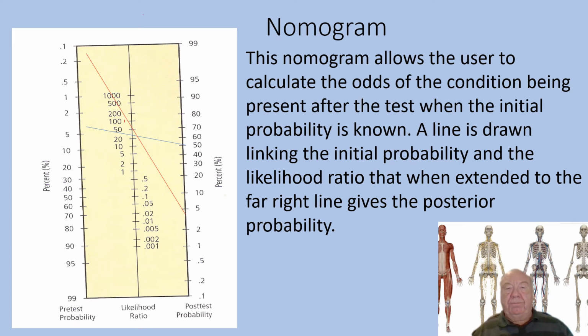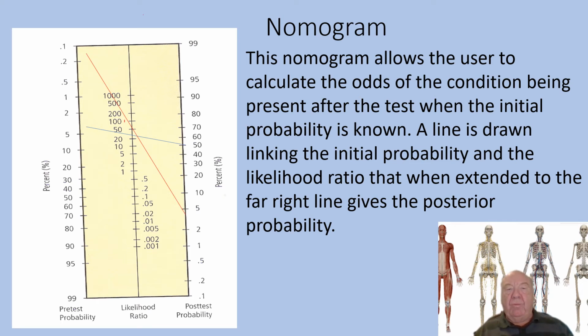Okay, so let's put this into a bit of practice. You've got two lines shown on there, the blue and the green. Let's look at the blue line first. We're going to say that the test we're talking about has a likelihood ratio of 20, which is the middle column. And we'll say that there's a 5% chance that they have the condition, but you decide to do the test anyway.